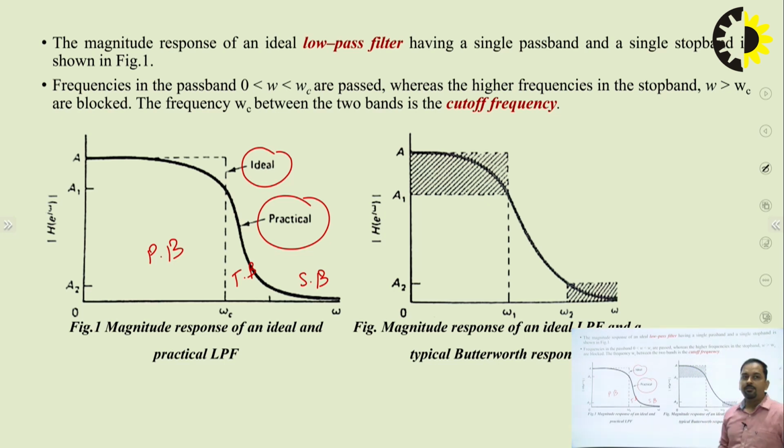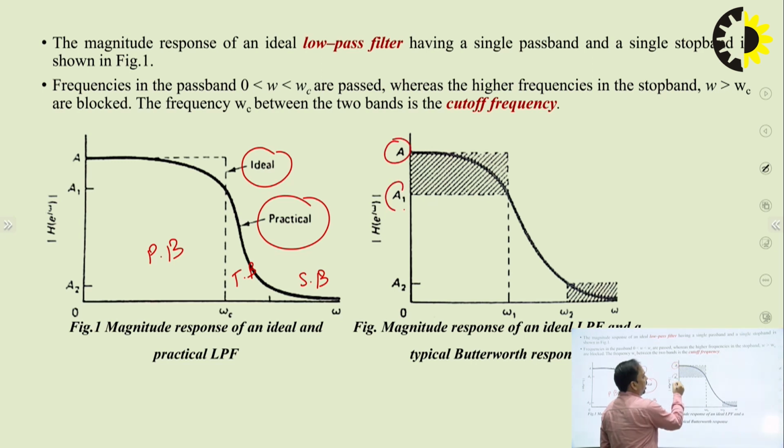So to the left we have the magnitude response of the ideal and the practical low pass filter, whereas to the right we have the magnitude response of an ideal low pass filter and a typical Butterworth response. Later on we'll see the classification of IIR filters. They are classified as the Butterworth and the Chebyshev filter. So the property of the Butterworth filter is that they are having a maximally flat type of response. So here we can see that in the pass band we have the magnitude A and A1.